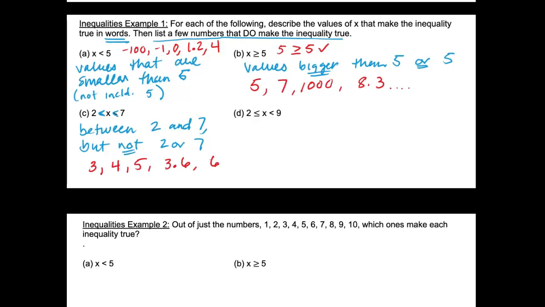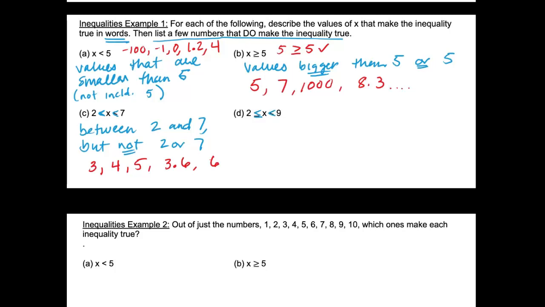And then for the last one, we've got another compound inequality. This says x is greater than or equal to 2. So even though this symbol right here is a less than or equal to sign, because we're reading it from the direction of the x, we're saying x is greater than or equal to 2 and x is less than 9.